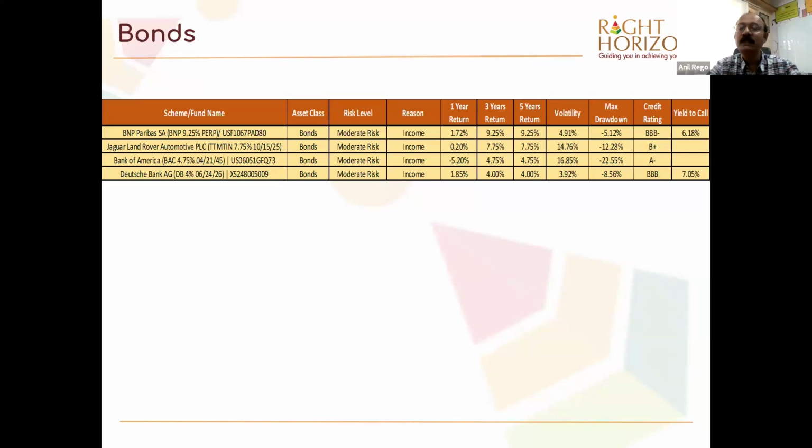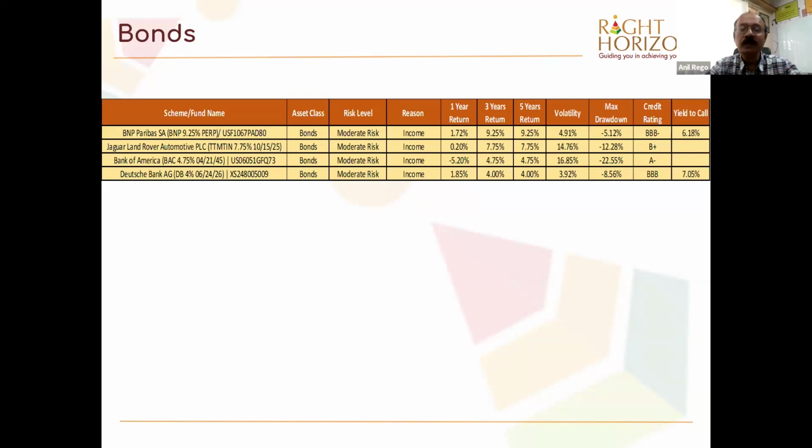Even a Bank of America is, say, A minus. You need to keep in mind that if there's a crisis, a subprime-like crisis, or yields are very volatile, like in the US where yields went up and at some point inflation crossed 10%, which was very unusual, in those periods you will see volatility on the bond side and probably negative returns.